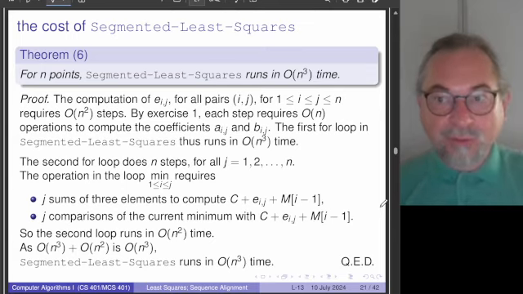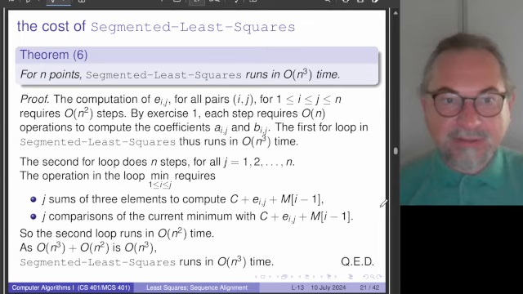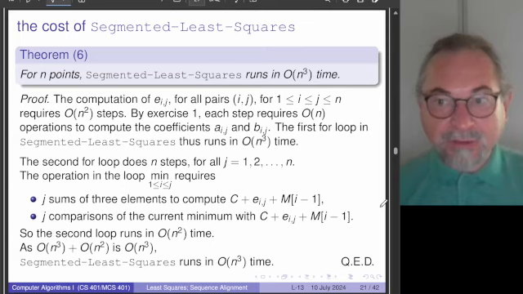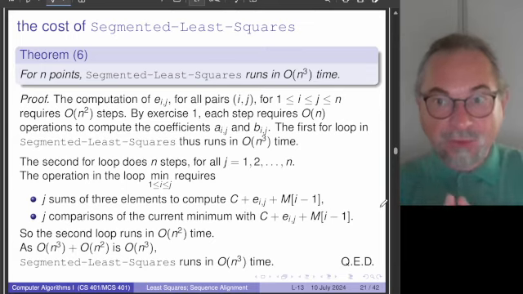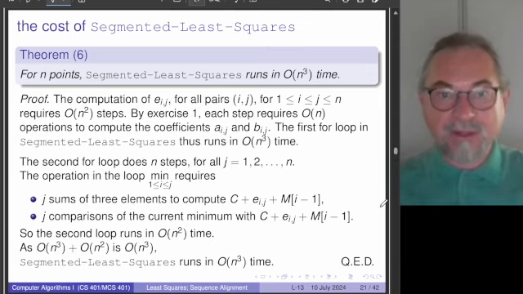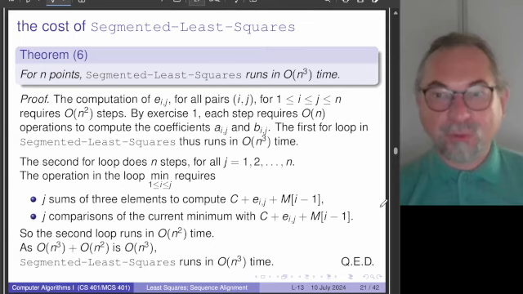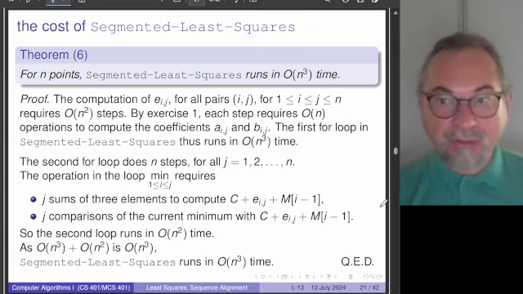Okay, so this concludes this segmented least square problem, as another illustration of dynamic programming, now with the case where we do have not an either or, but multiple choices. So this seems to lead to a more potential explosion of the cost, but we still end up with a polynomial time algorithm, albeit a cubic one.